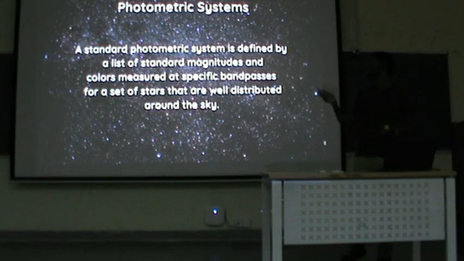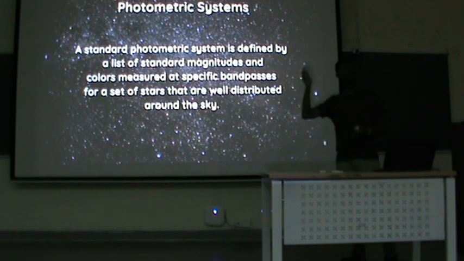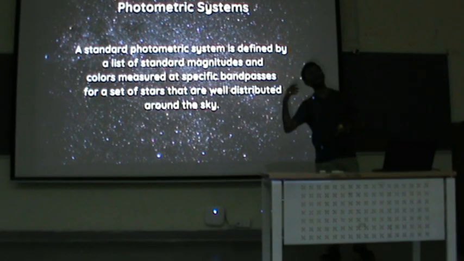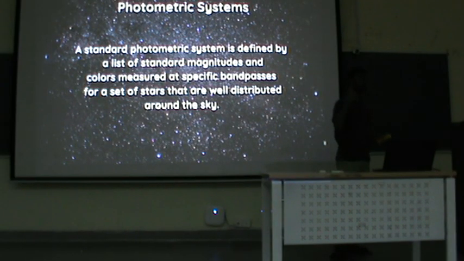Suppose you are standardizing your system with respect to a star in a particular region of the sky. There is a very high chance that you are looking at some specific types of stars, which might be of similar ages, similar spectral types, and at a similar distance from us.